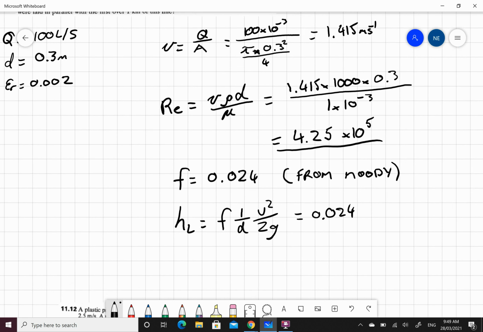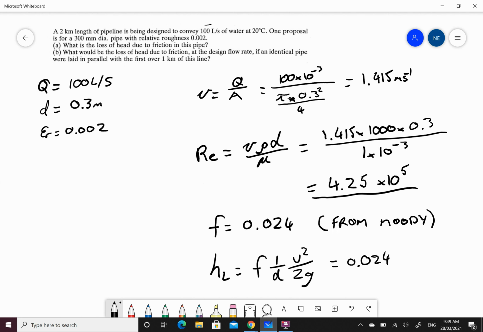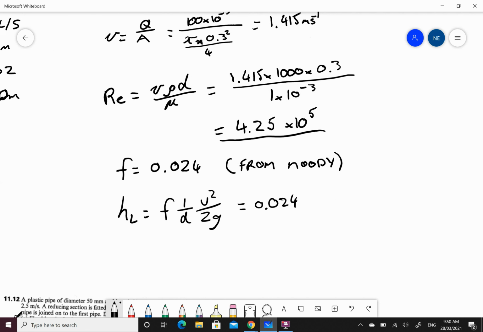The length is 2 kilometers, so L is 2,000 meters. Times 2,000 all over 0.3 times 1.415 squared on 2 times 9.81.